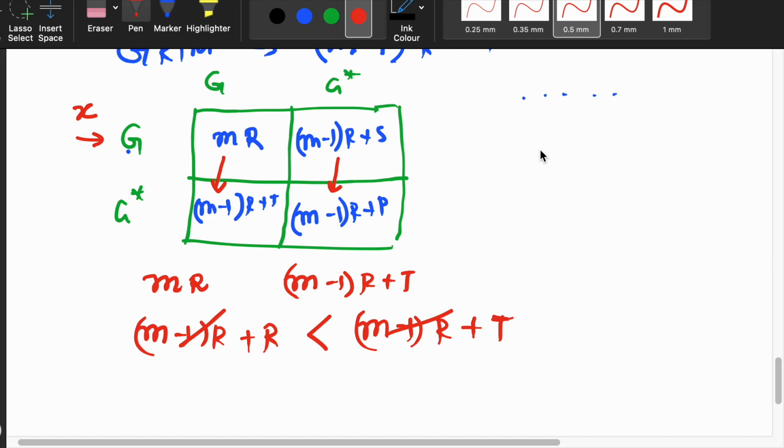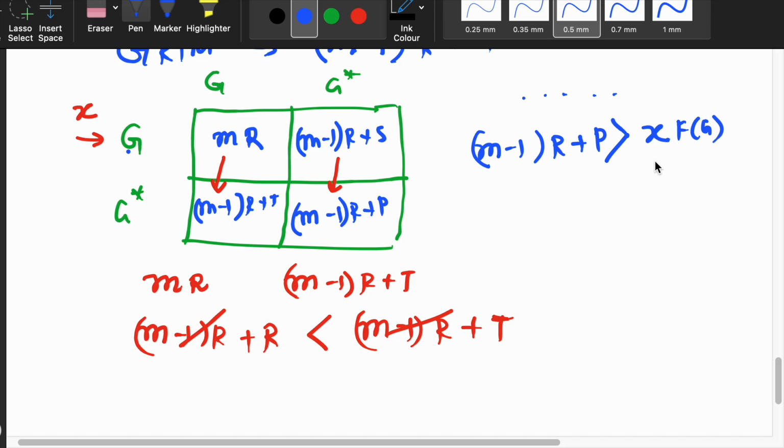If you make a convex combination, let me write it. What will be the green star fitness? That will be (M-1)R + P, and you will find that it will always be greater than X times the fitness of green plus (1-X) times the fitness of green star.